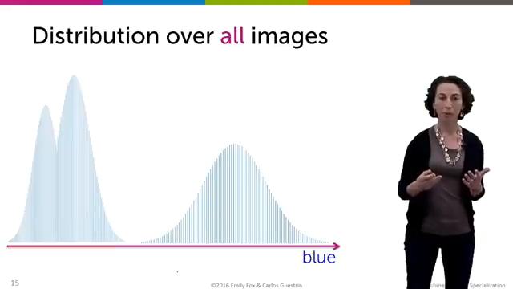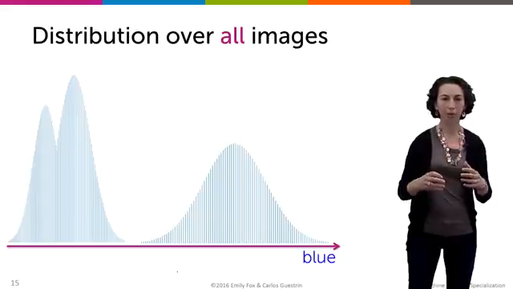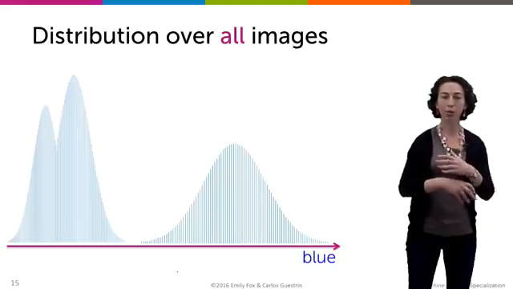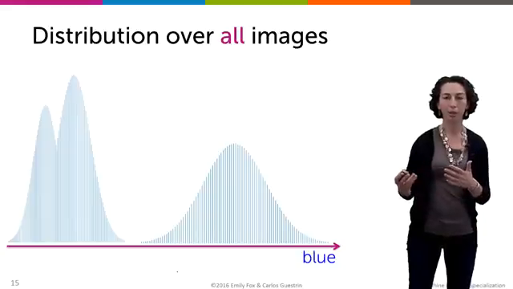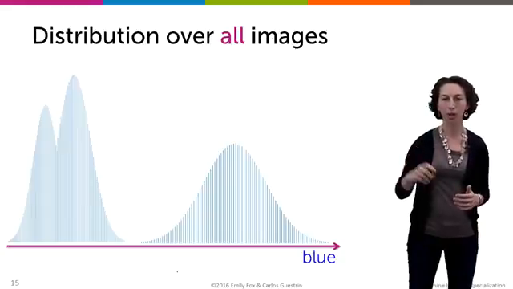Okay, but remember that we don't actually have these labels of sunset, forest, cloud. We just have a whole bunch of jumbled up images, and for each one we have its blue intensity, and we can make a histogram over all images in our data set. And maybe the histogram would look something like this, where there are these multiple humps, 3 different humps.